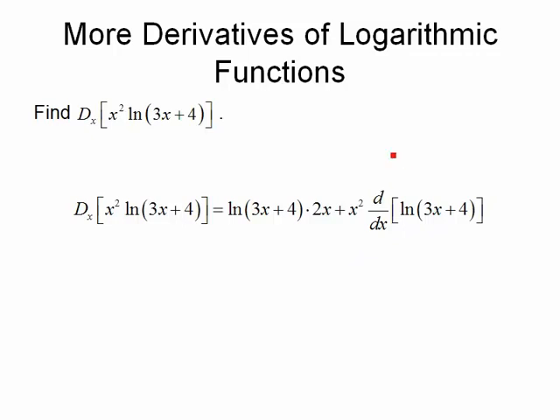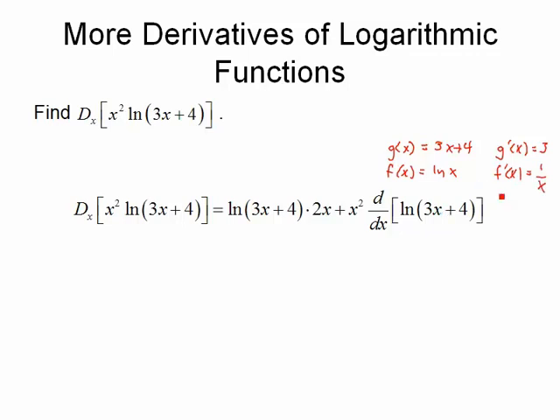In doing that, I'll have to have g of x as 3x plus 4, and my f of x is ln of x. So the derivative of the g is just 3, and the derivative of the f is 1 over x.